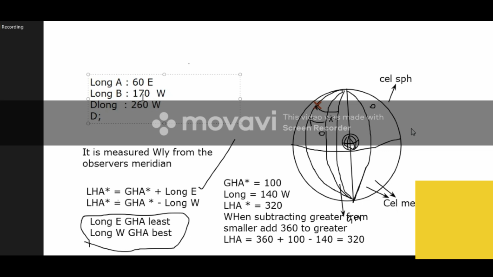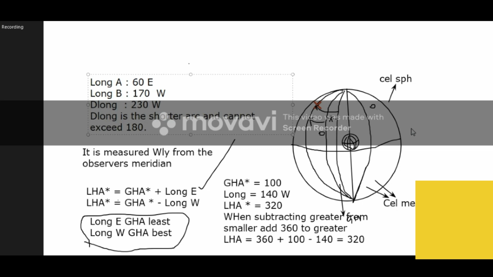Yeah, longitude cannot be more. So it becomes 230. But D long is the shorter arc and cannot exceed 180. Like how longitude cannot exceed, D long also cannot exceed.